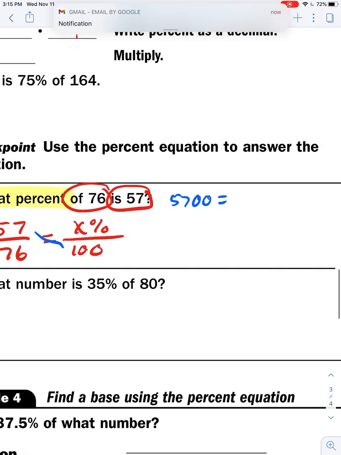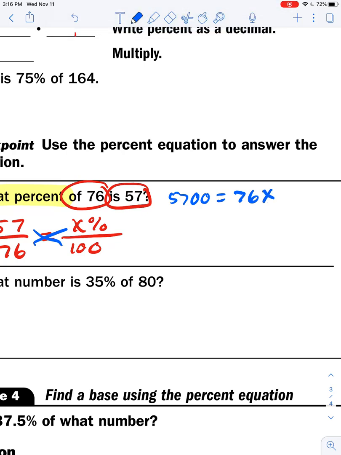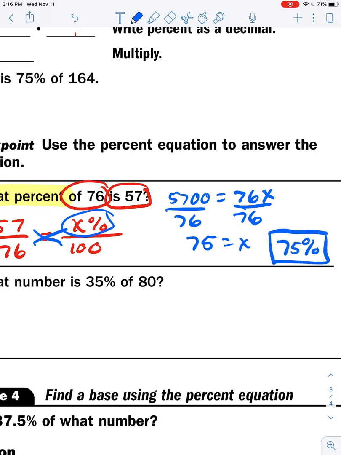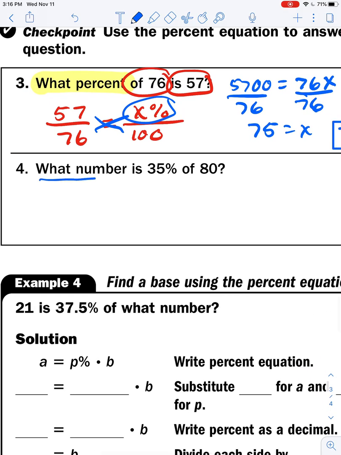Doing my cross multiplication, I'm going to have 57 times 100, which turns into 5,700, equals 76 times x. As you practice this, you're going to start to take little shortcuts. I'm going to divide that out of there. So I'm getting 75 here. So x equals 75, and it was asking what percent. So my answer is actually 75% when I go to write it.